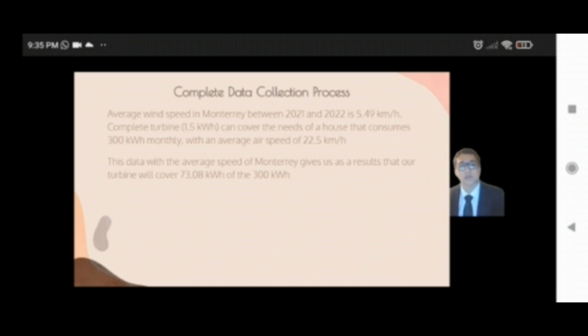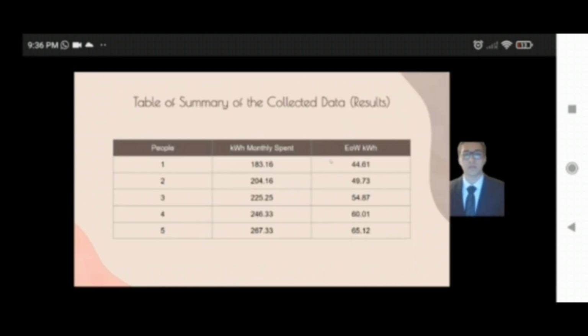This data with the average speed of Monterrey gives us as a result that our turbine will cover 73.8 kilowatt hours of the 300 kilowatt hours.